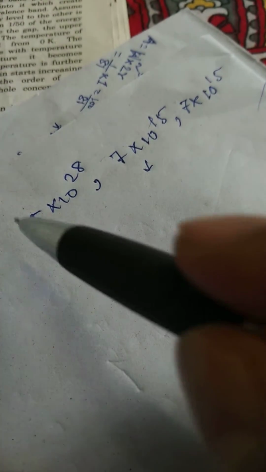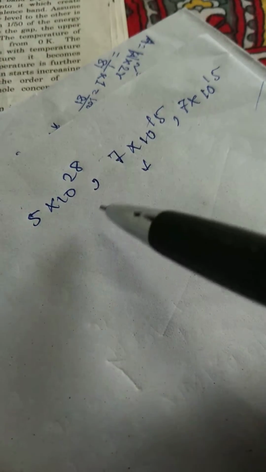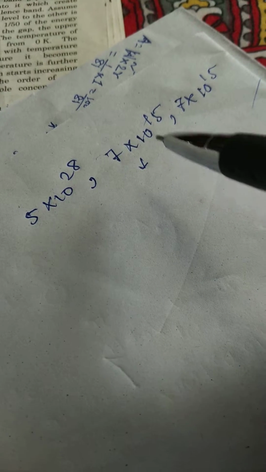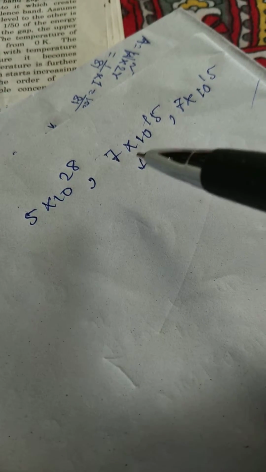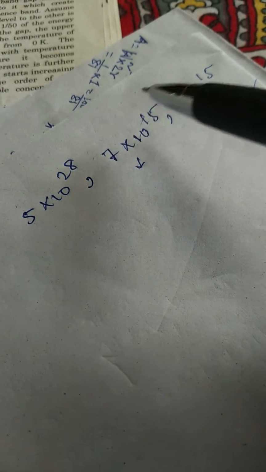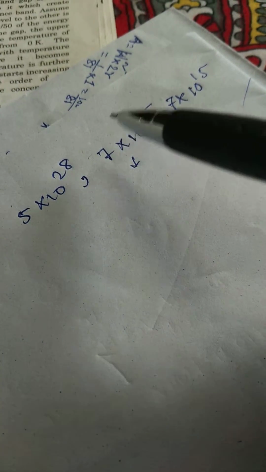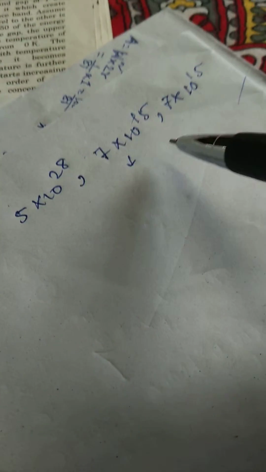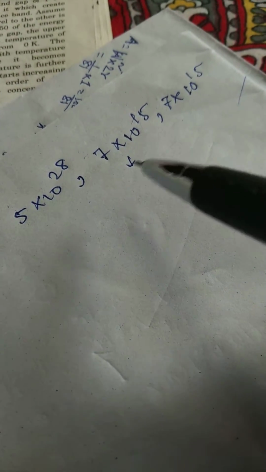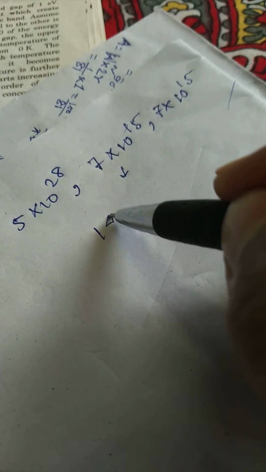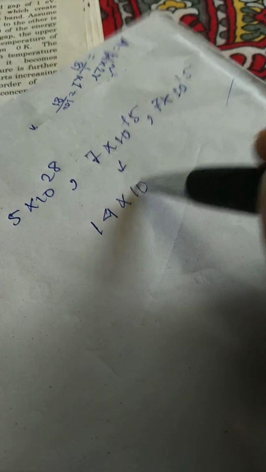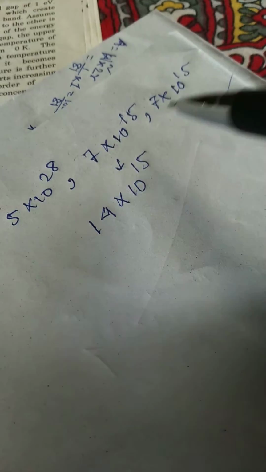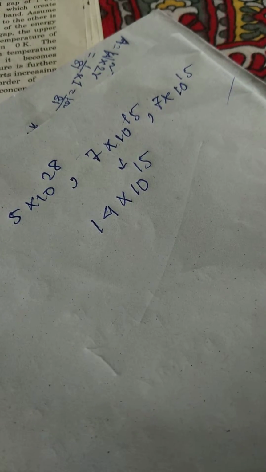So I can say that out of this 5 into 10 to the power 28, the total number of electrons and holes which were contributing to the conductivity is this plus this, that is 14 into 10 to the power 15 per cubic meter.